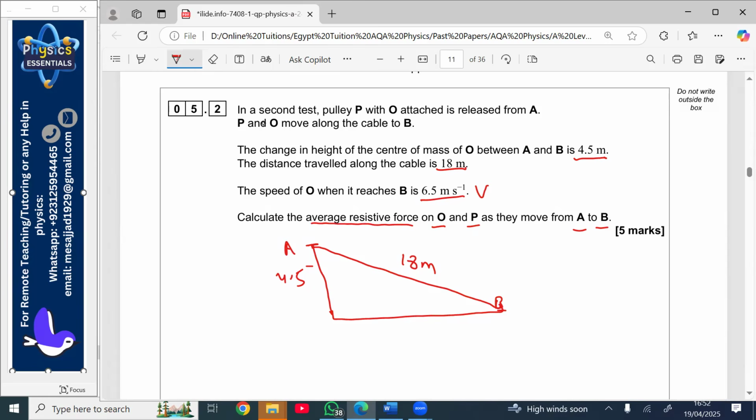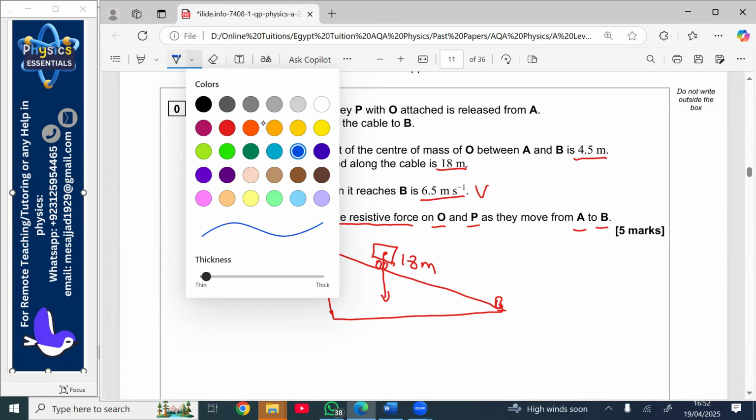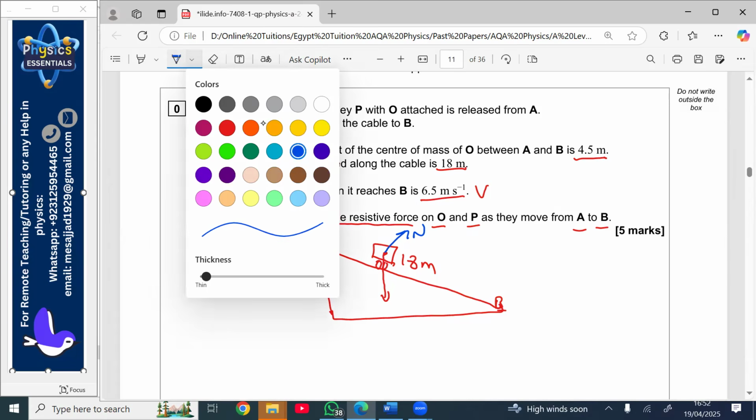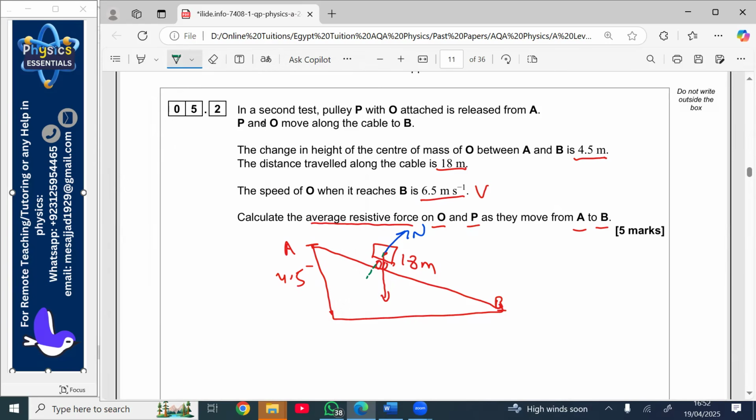And while doing it, the weight was acting downward and there was a normal. Okay. And the components of weight are these ones.